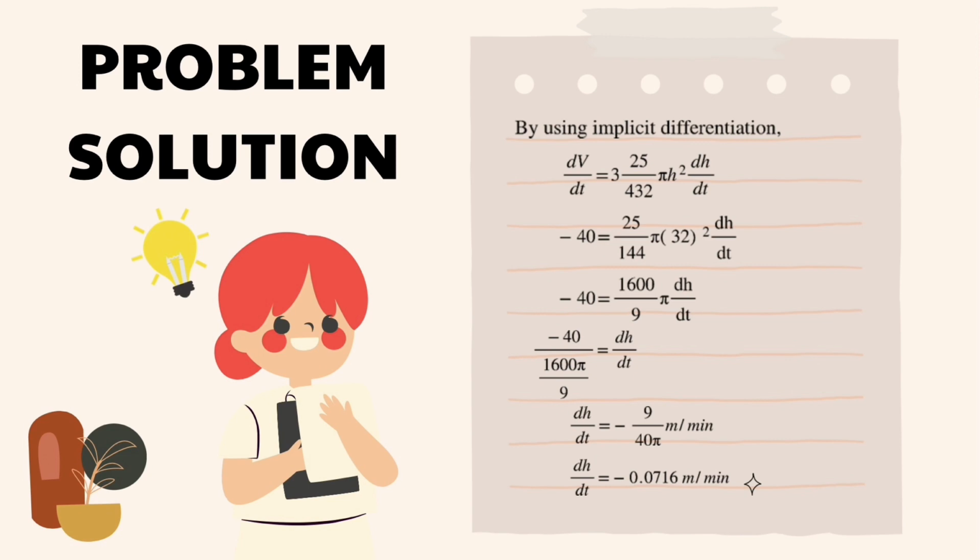After that, just simplify the equation until we find the value of dH over dt, that is negative 9 over 40 pi. Or, if you want to insert the value of pi, just write the last answer as negative 0.0716. Don't forget the unit of the height over time, which is meters per minute.